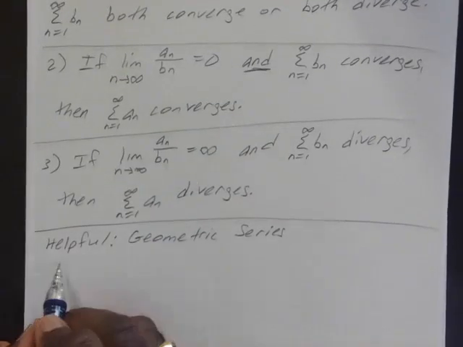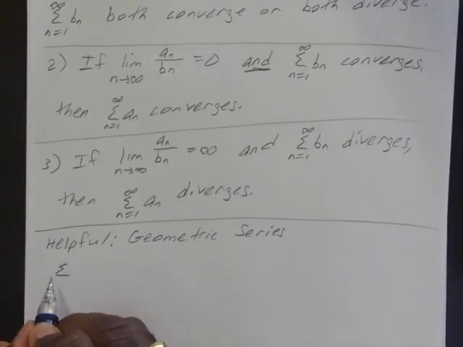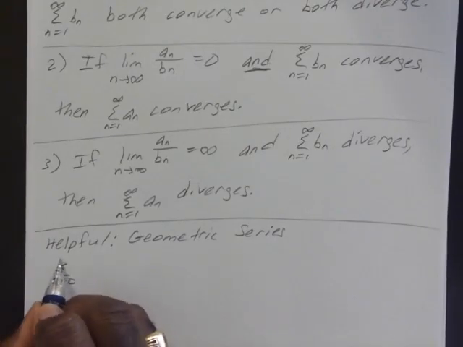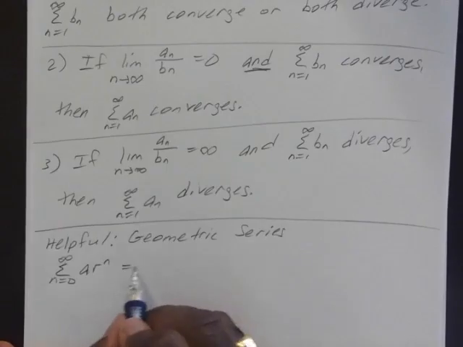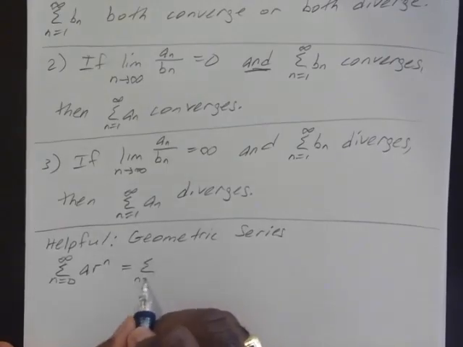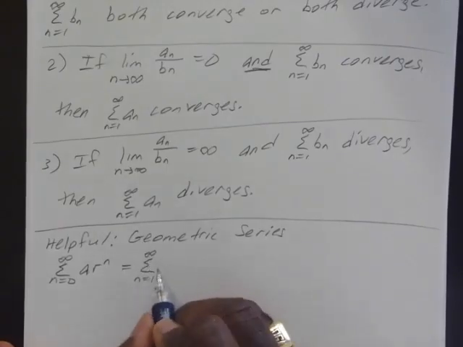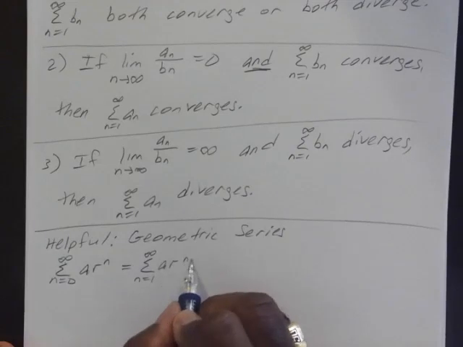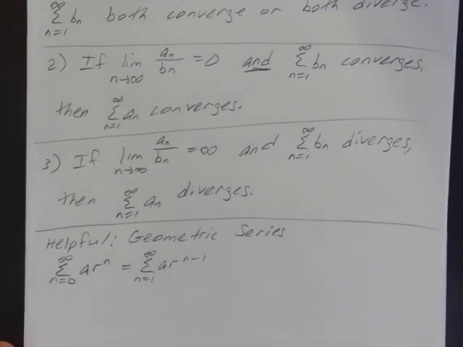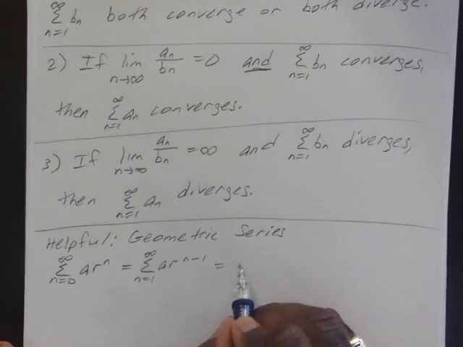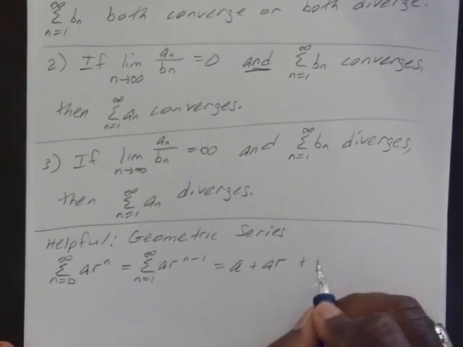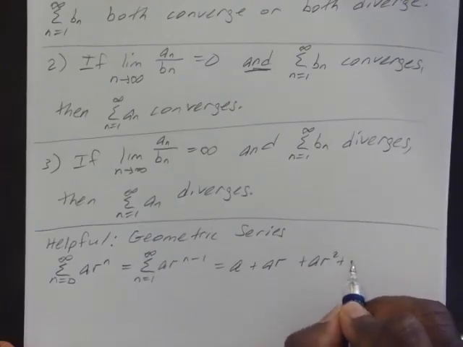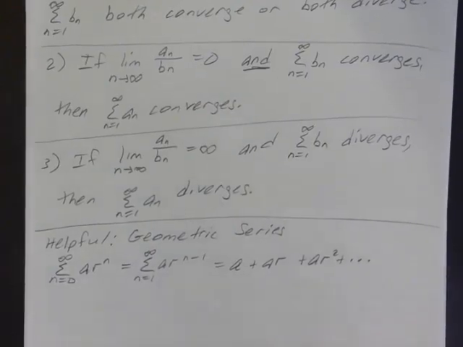And just as a reminder, the sum from n equals 0 to infinity of a times r to the power of n, or you can rewrite it as the sum from n equals 1 to infinity of a times r to the power of n minus 1, they both have the same exact form: a plus a times r plus a times r squared. It keeps on going in that form.